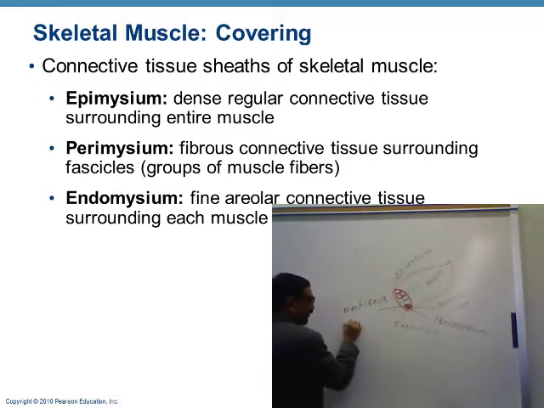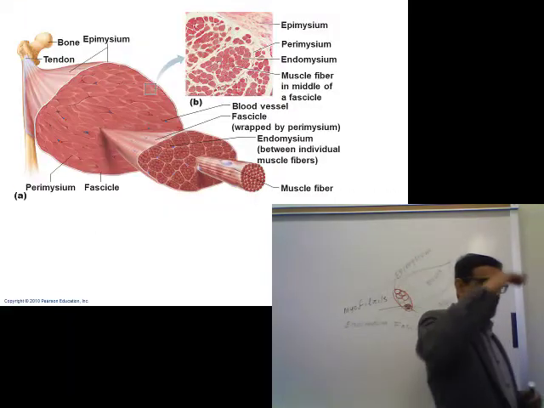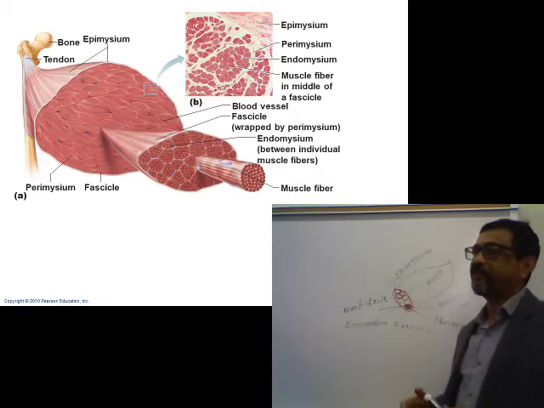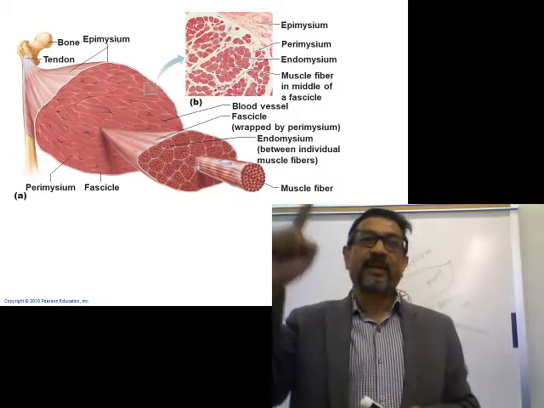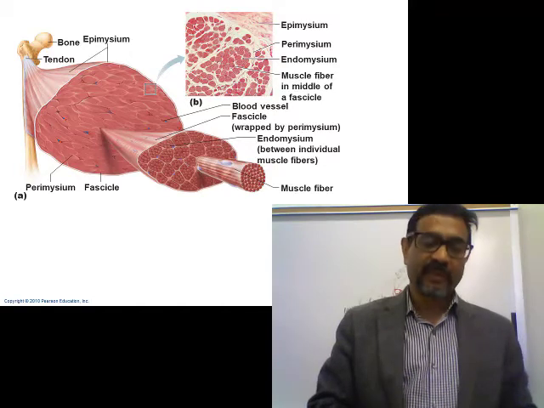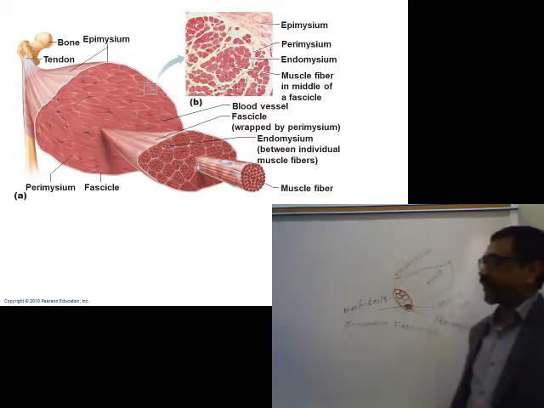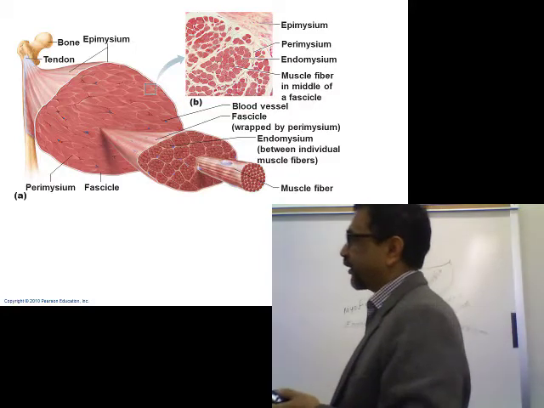Endo means inside, that's the innermost one. So you see three coverings: epimysium, whole muscle; perimysium, muscle fascicle; and endomysium, the muscle fibers. Okay, so that is the structure of a skeletal muscle.